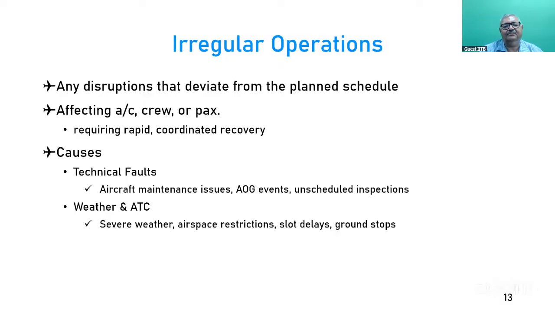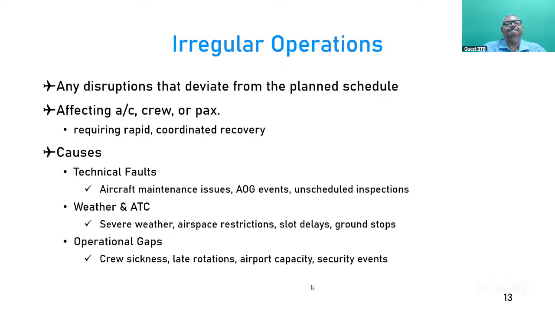From December to about February, you will find a lot of IROPS happening in the US and Canada because of severe weather constraints. There are also some airspace restrictions which can come. There could be delays in the slots. That means because an aircraft has arrived late, the slot is blocked and so you can't operate. There could be ground stops.